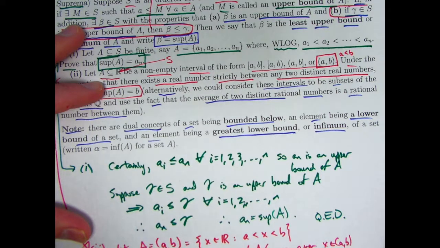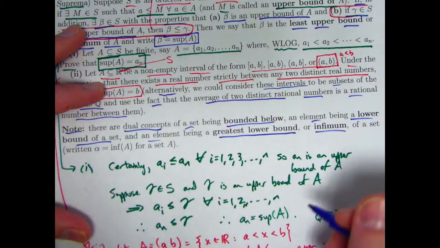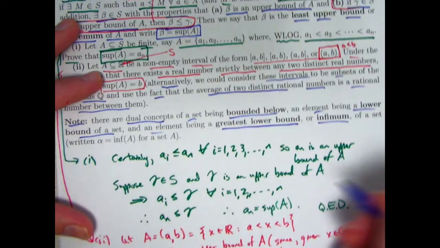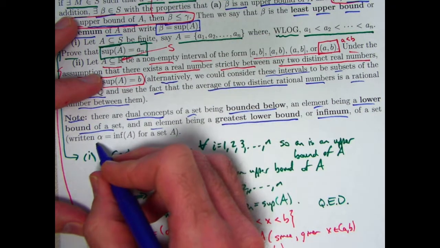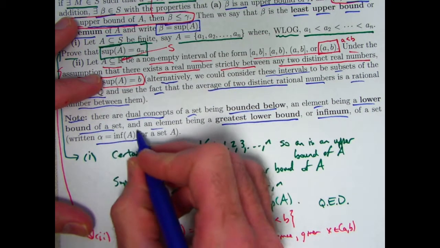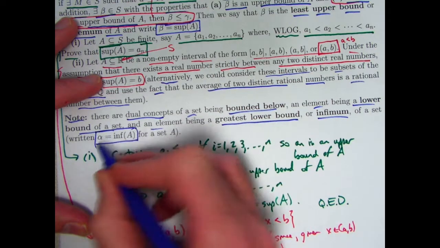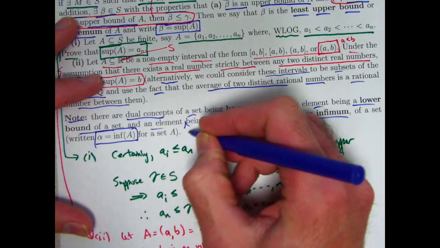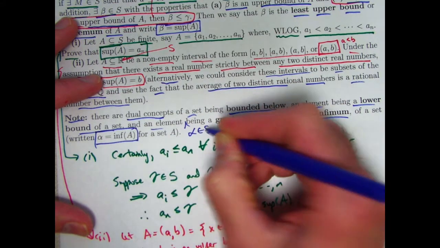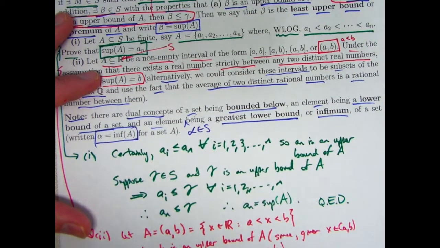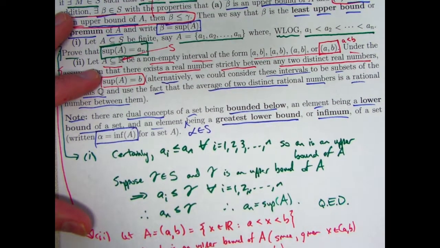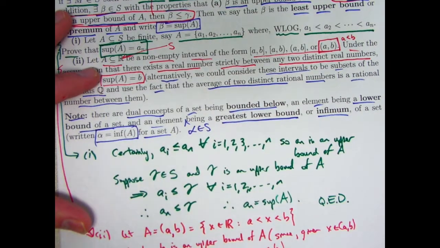I say infimum. I think some people say infimum, but I like infimum better. Of a set written, say, alpha equals inf of A, where alpha is the element that is the greatest lower bound of a set A that is bounded below.